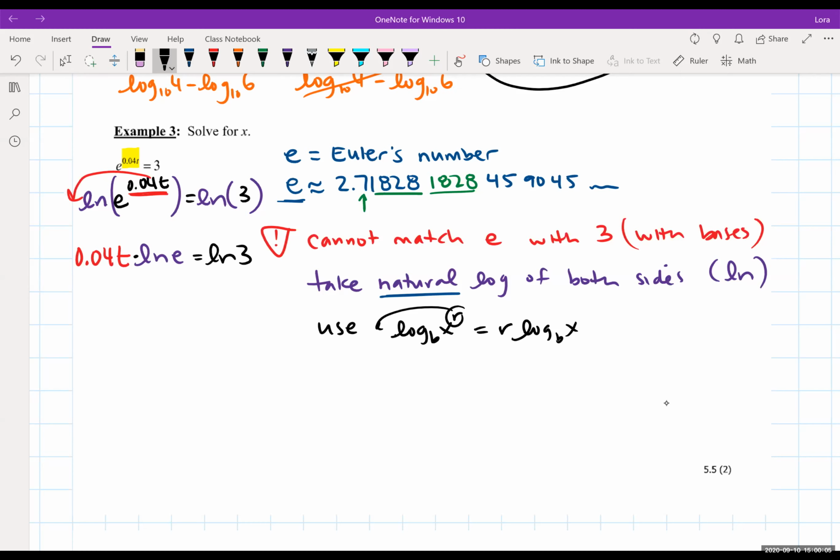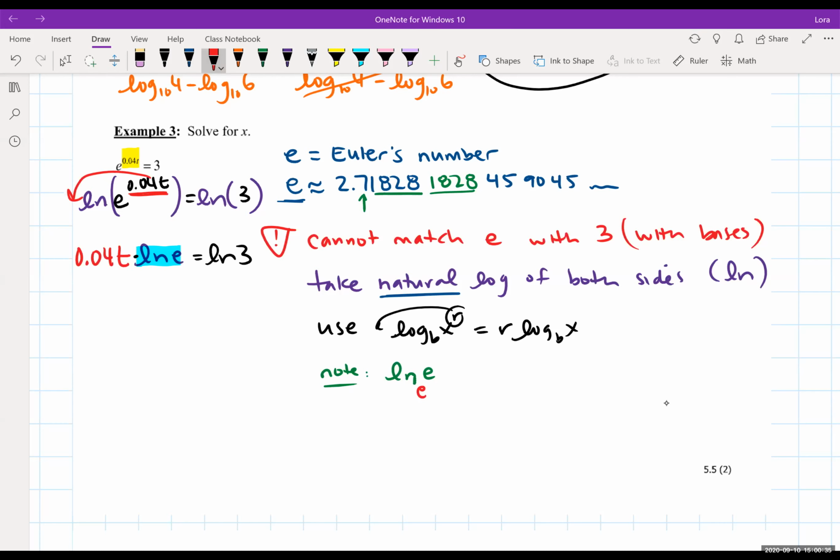Now, what is kind of cool and is why we would take the natural log of both sides, I'll also remind you, there is another property of logs that allows this one to somewhat disappear. When you see natural log of e, remember that the base of the natural log is also e.